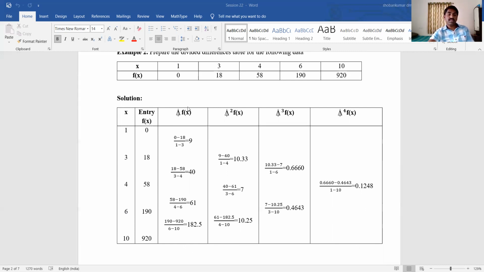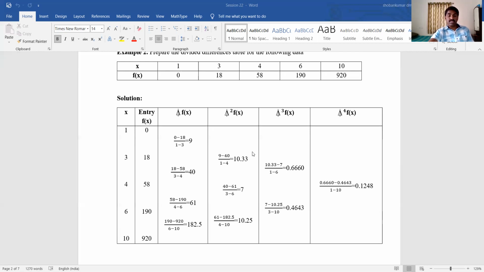Now the first divided difference: 0 minus 18 divided by 1 minus 3 is 9. Here 18 minus 58 divided by 3 minus 4 is 40. And 58 minus 190 divided by 4 minus 6 is 61. 190 minus 920 divided by 6 minus 10 is 182.5.